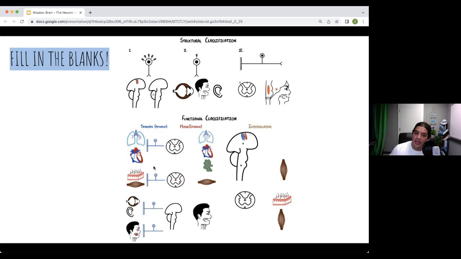All that information is sent to your central nervous system via these neurons called general visceral afferents. But if it's coming from the skin, or from your skeletal muscles, or the things around your skeletal muscles, your joints, your ligaments, a lot of the capsules around that area, those things are picking up signals and sending them to your central nervous system. These are called your general somatic afferents.